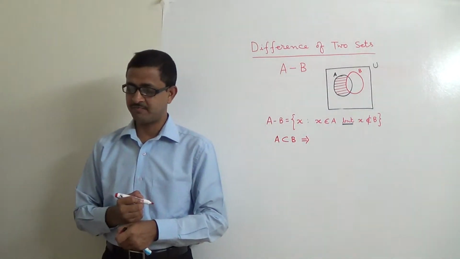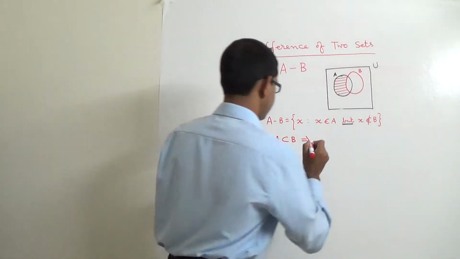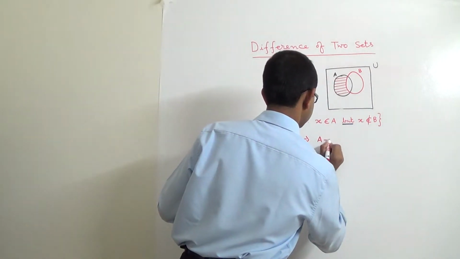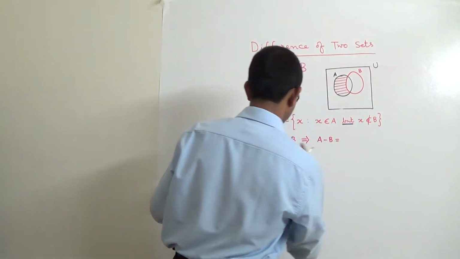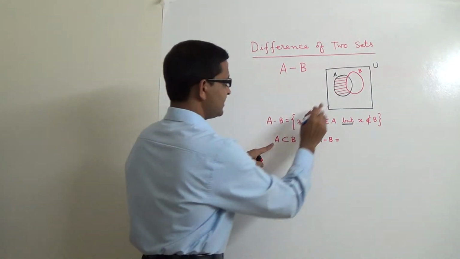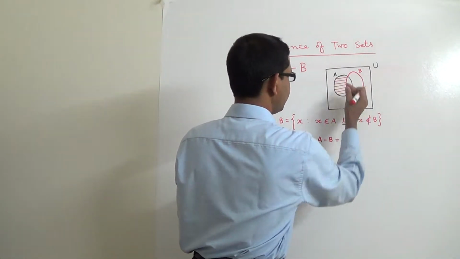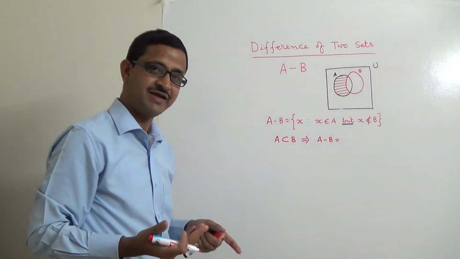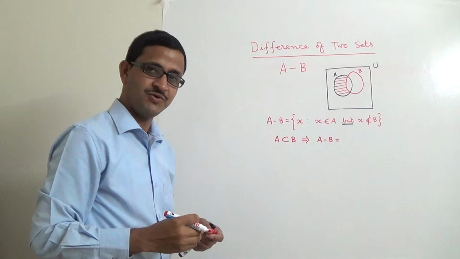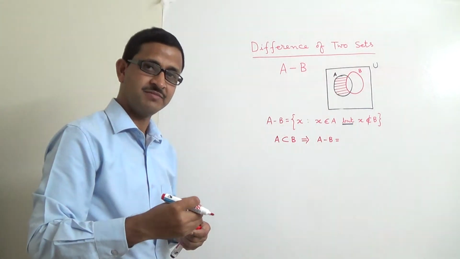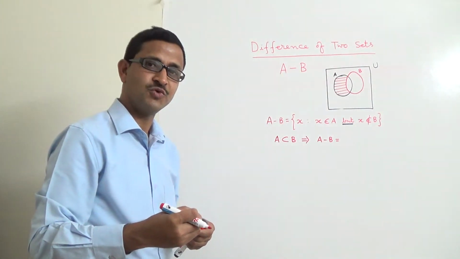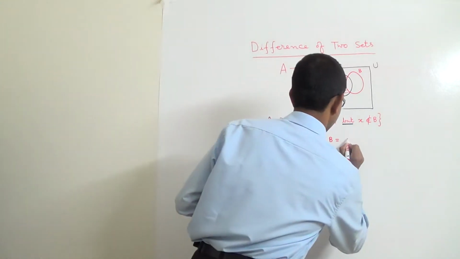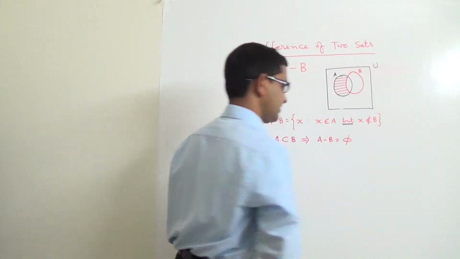If A is a subset of B, then A minus B is a null set. Why? Because A is completely within B. So it is not possible to have any element in A which is not an element of B. So we can say A minus B equals phi, the null set.